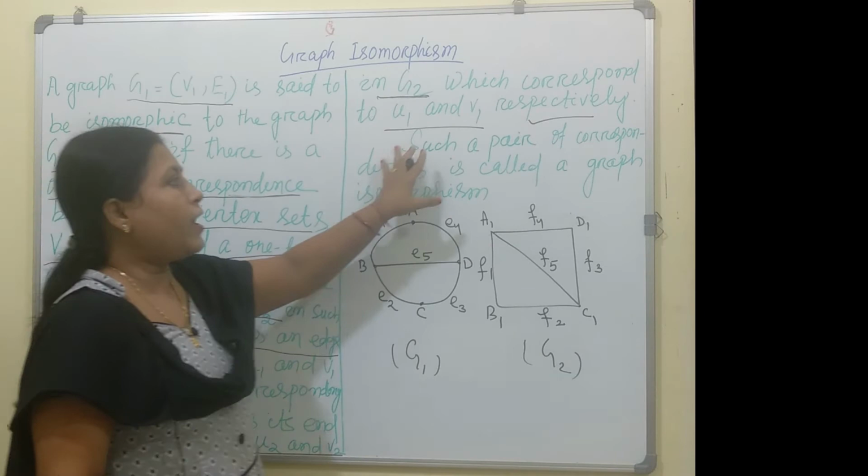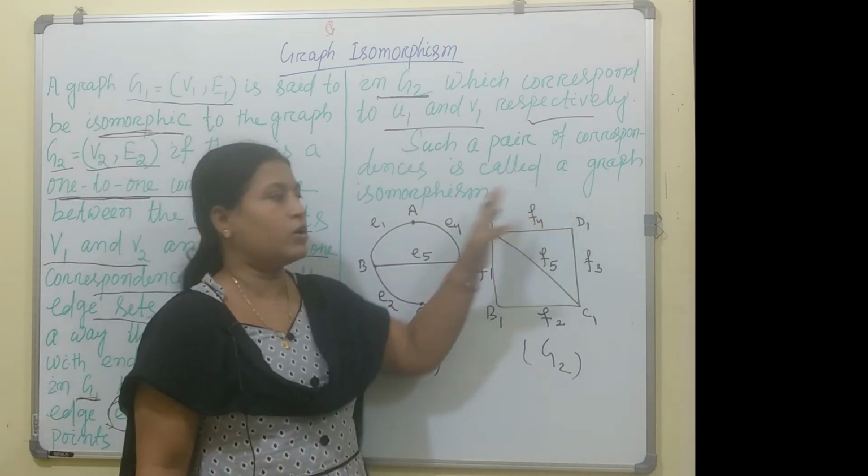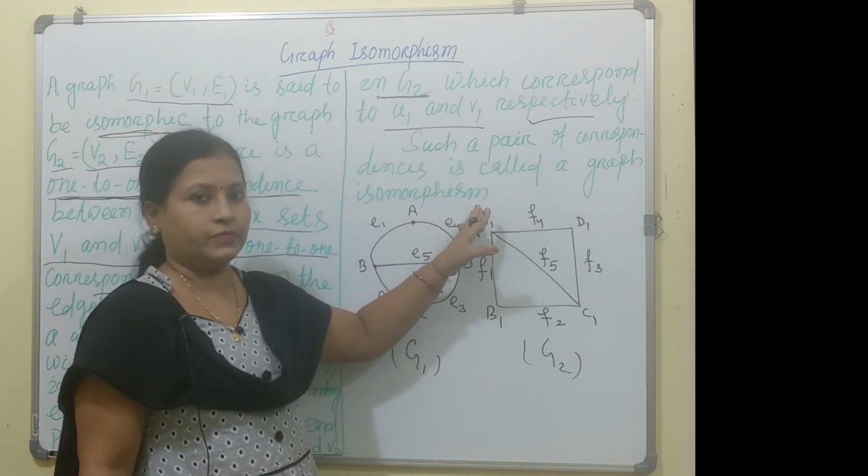So this pair of correspondences is called graph isomorphism.